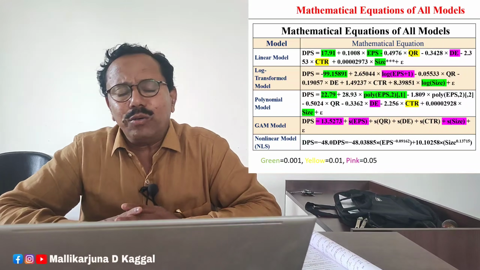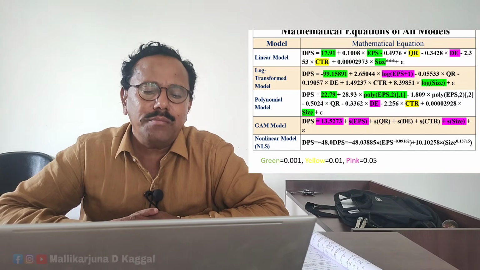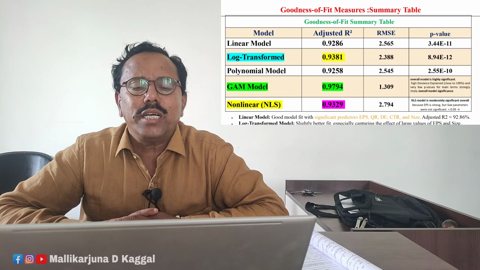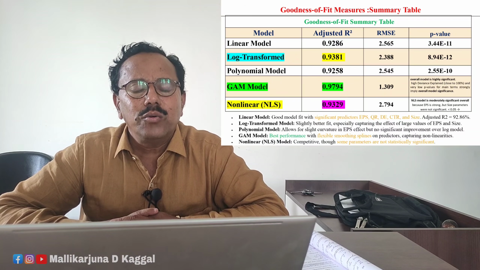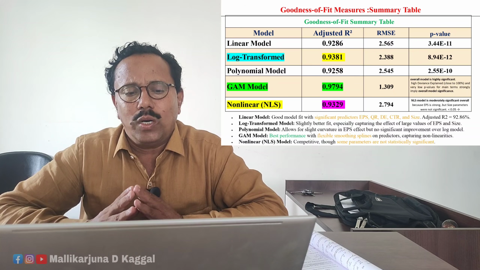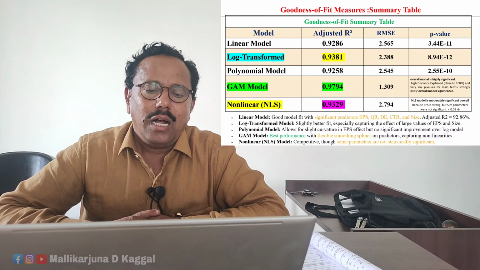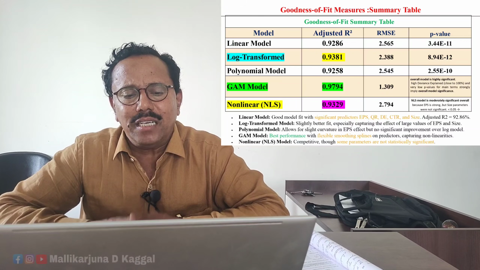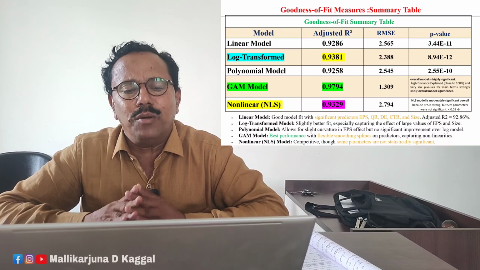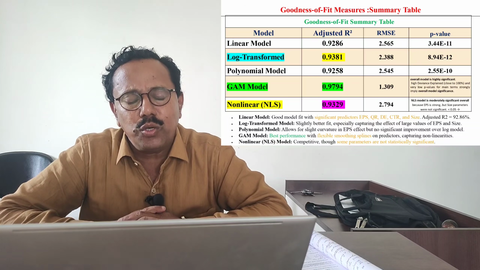Here I have taken, one is adjusted R square, nothing but the amount of total contribution of your independent variables to the dependent variable. What is the contribution? The total percentage of variance in the dependent variable explained by independent variables is given by adjusted R square.